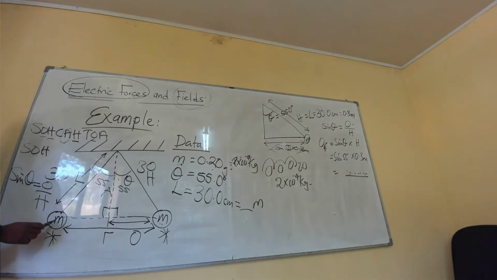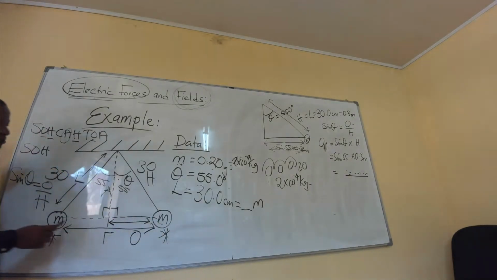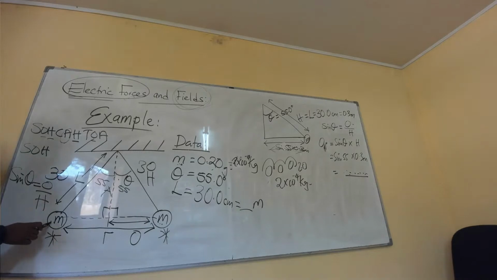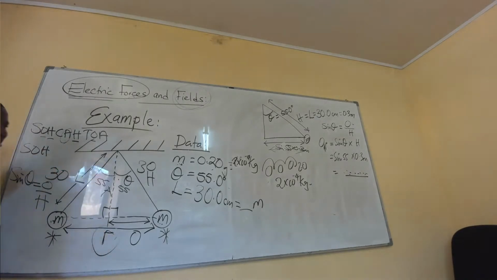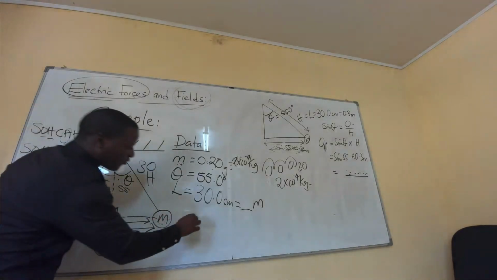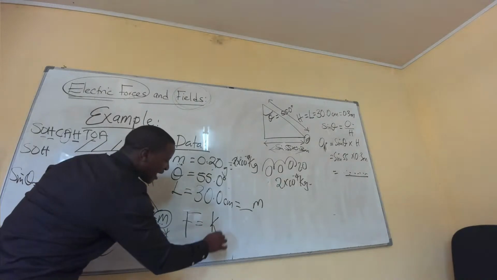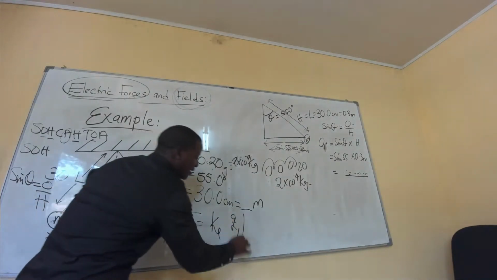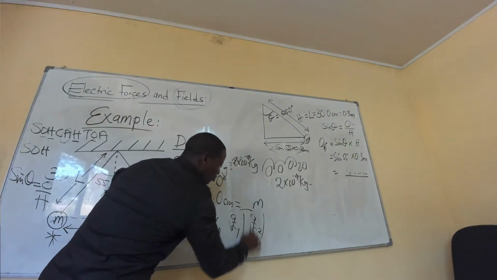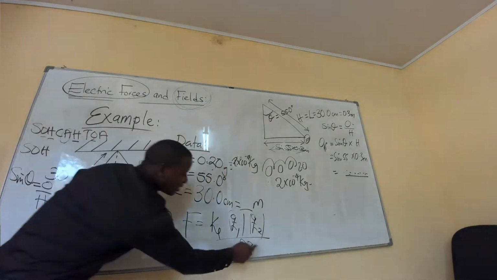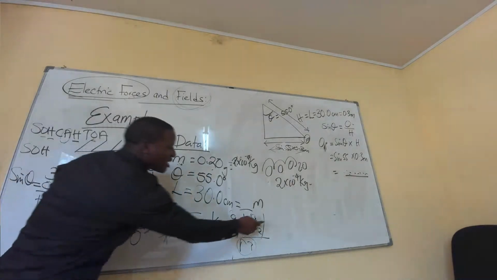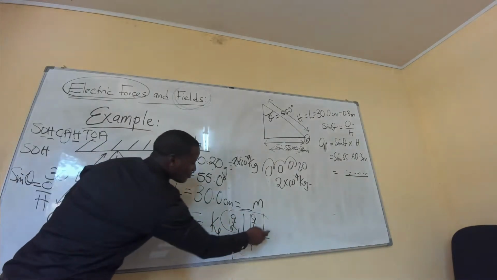This now becomes your R. So you get that R and replace it in this formula: F is equal to KE Q1 Q2 over R squared. Now that we have R, you square it, you put it here, and then you will get the magnitude of this.